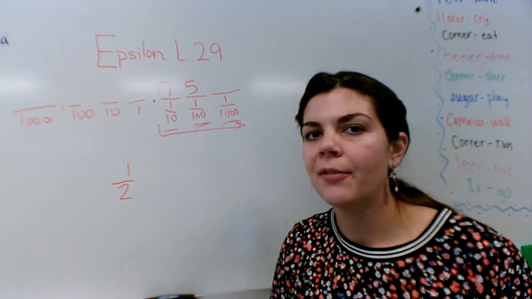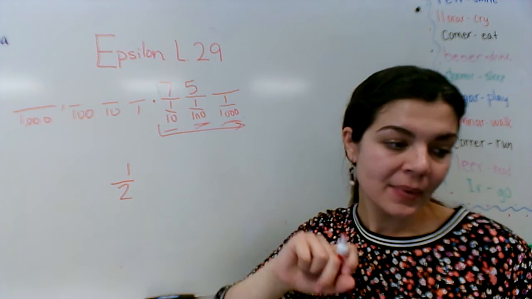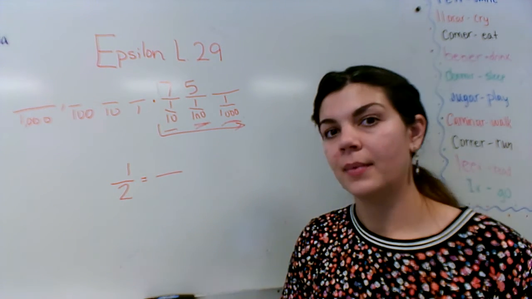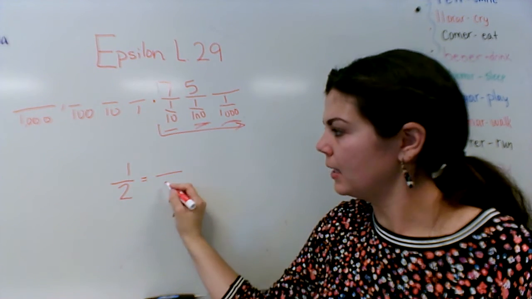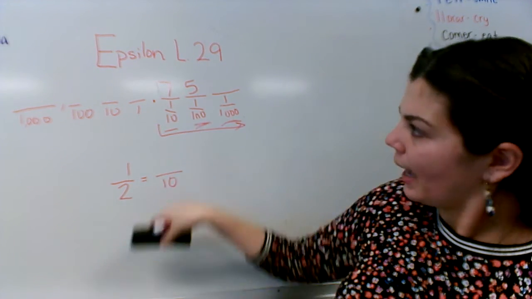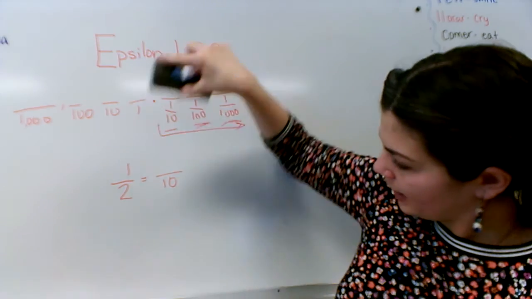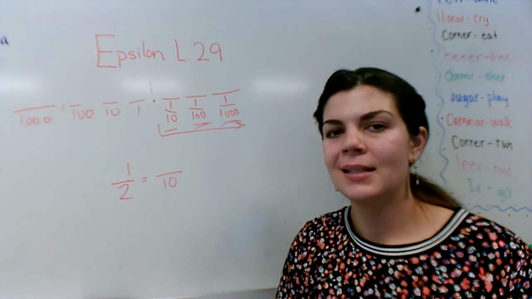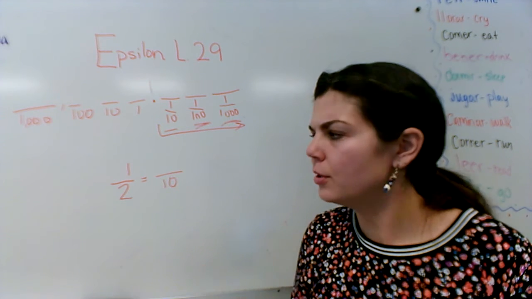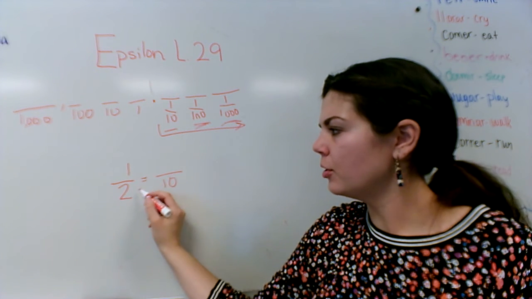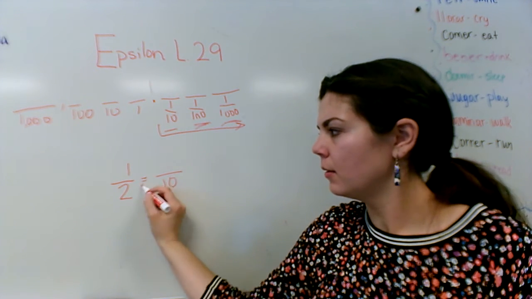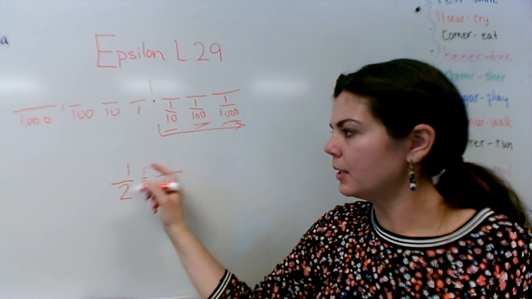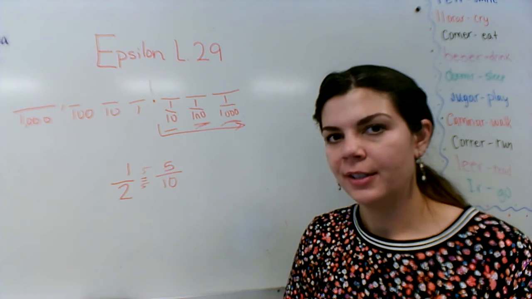Now, what would half be if I wanted you to change it into the tenths place? What would I need to do? We did it earlier. 2 times what is 10? 5. If I do it to the bottom, I have to do it to the top. 1 times 5 is 5.